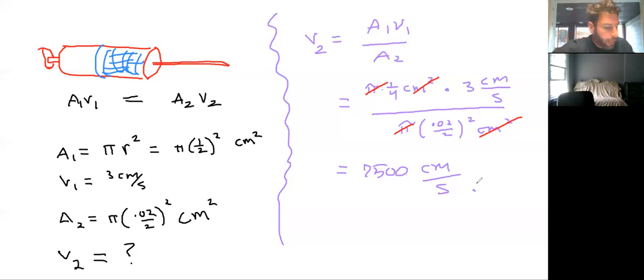Okay, does anybody have a question about this? No. All right, so again, this is a very straightforward example. It's a plug and chug. It is what it is.